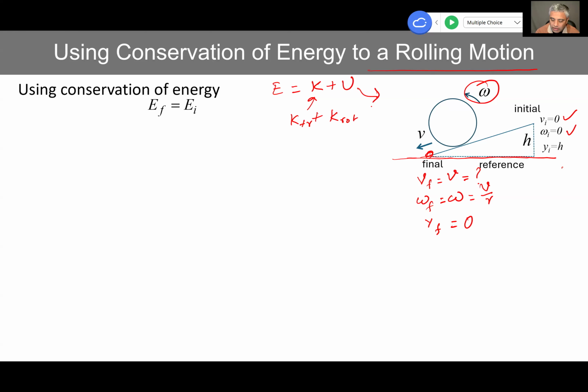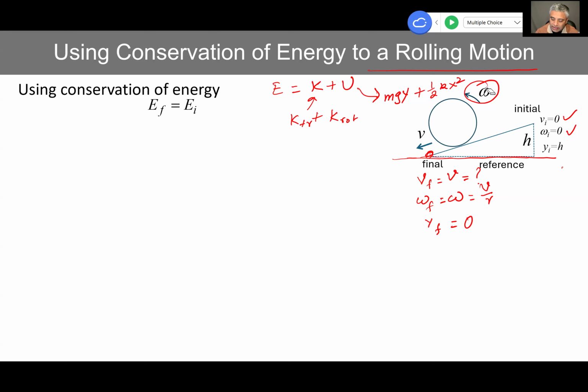And so far, we have also learned two types of potential energy. One, gravitational potential energy, which depends on mass and position. Another one is elastic potential energy.